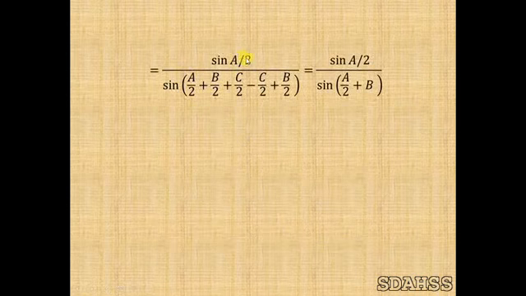You keep the numerator as it is, but in the denominator sin (A/2 plus B/2 plus C/2 minus C/2 plus B/2), which is equal to sin A/2 divided by, here plus C/2 minus C/2 cancel, A/2 plus B/2 plus B/2, that is A/2 plus B.